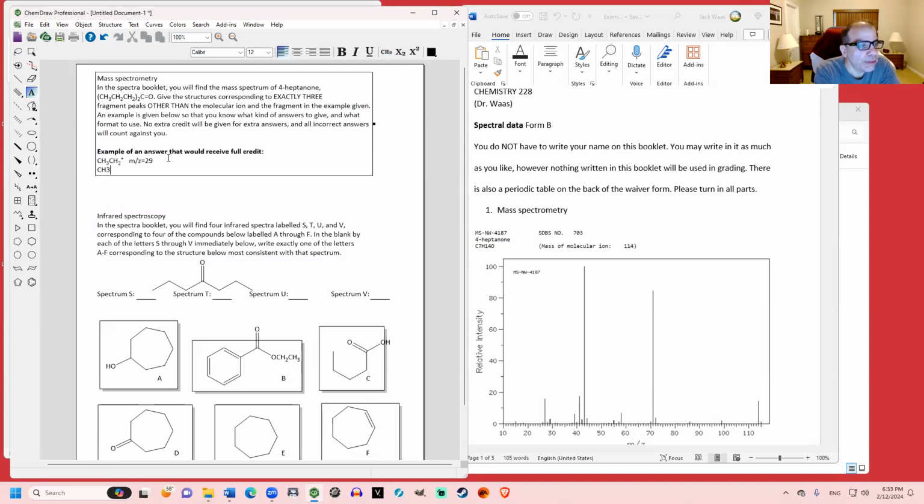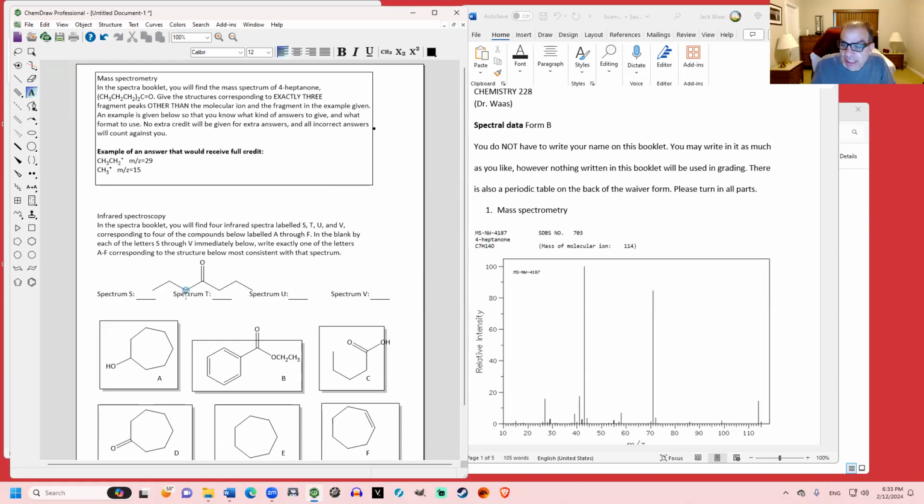So you write CH3+ at m over z equals 15. And it would make sense that we could also see the propyl cation with 3 carbons at 43.